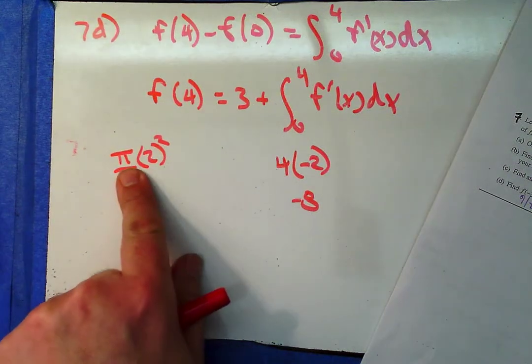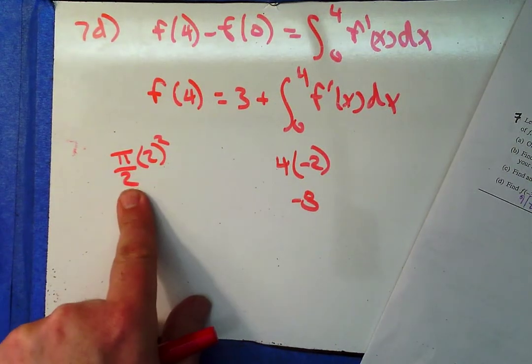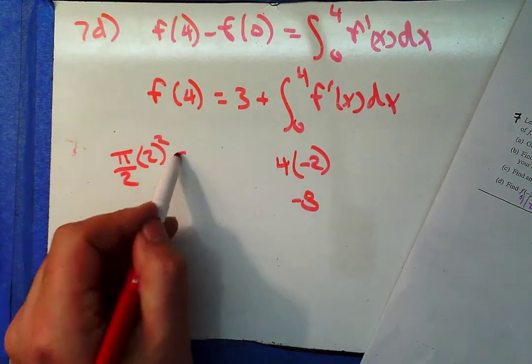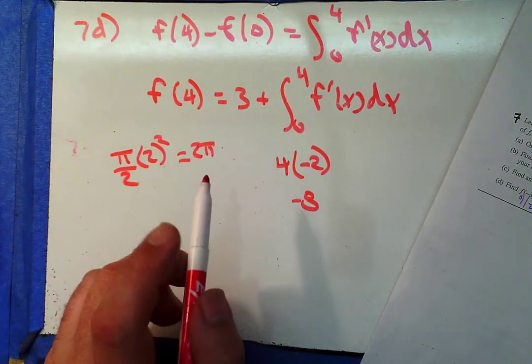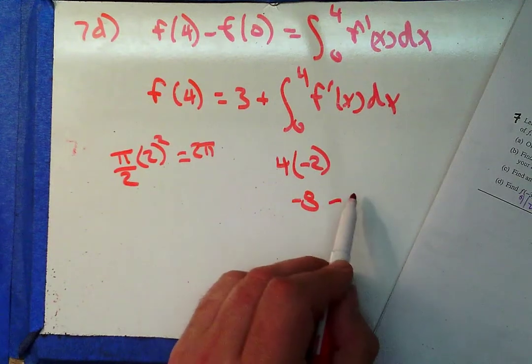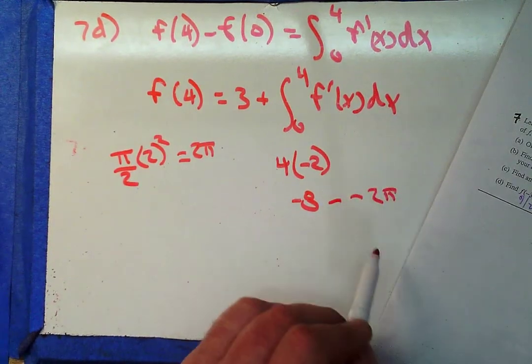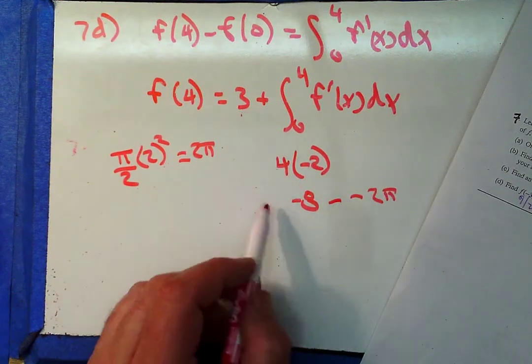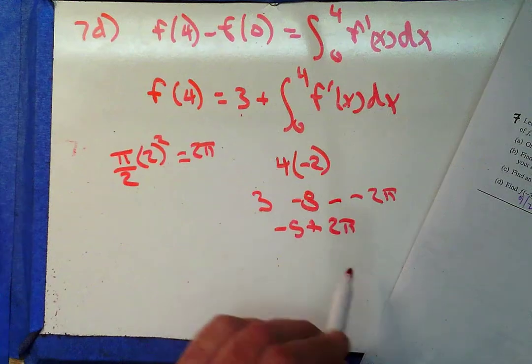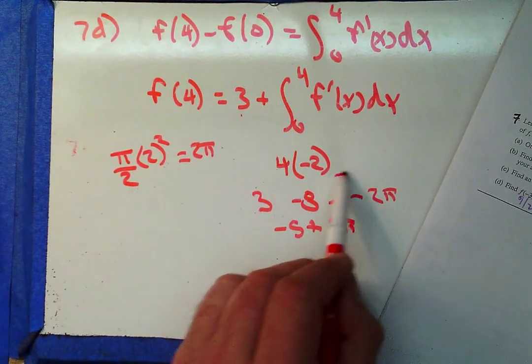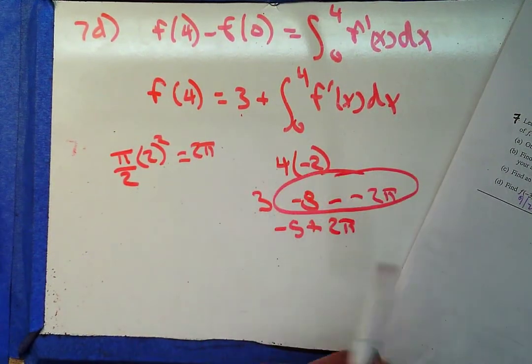Right, so there's the area of the full circle. We have half of that area. So our area is 2 pi, but we're below the x-axis, so we're subtracting, so minus a minus 2 pi. And so I'm going to end up then with, oh, don't forget this 3 out in front, negative 5 plus 2 pi. Oh my goodness, look at this sign experience.